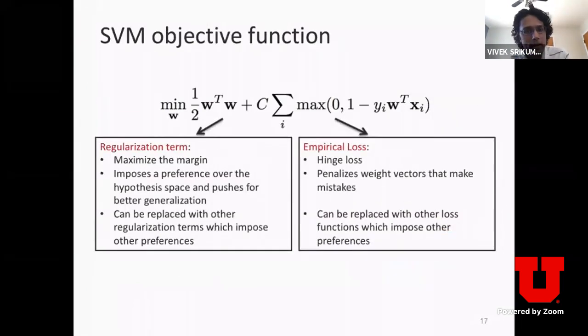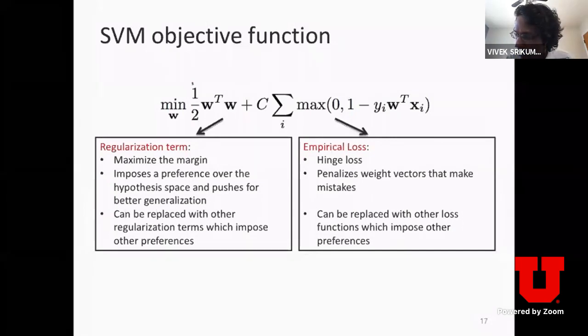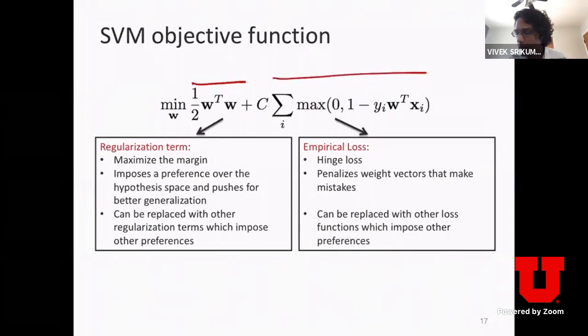Just to tease apart the various parts of the SVM, we've already encountered this. The first term is the regularizer. The second term is the empirical loss. For the SVM, the regularizer says, I prefer weight vectors that maximize the margin. And among all classifiers that are roughly the same, it imposes a preference over the hypothesis space by going for better generalization. This term can be replaced with other terms that serve a similar purpose.